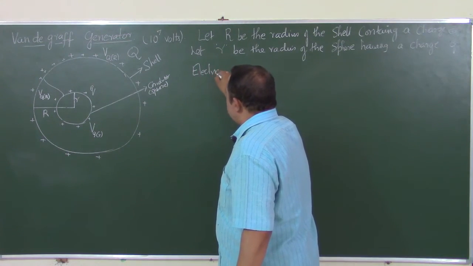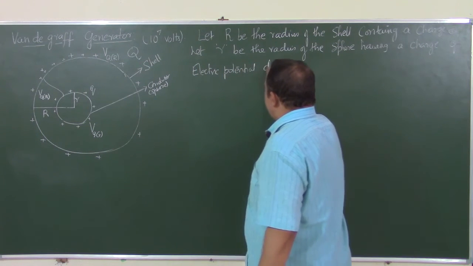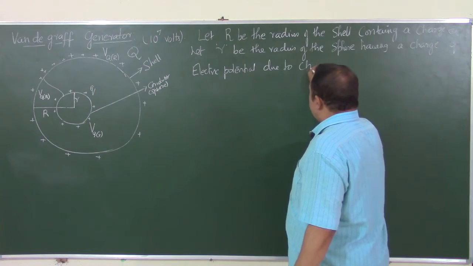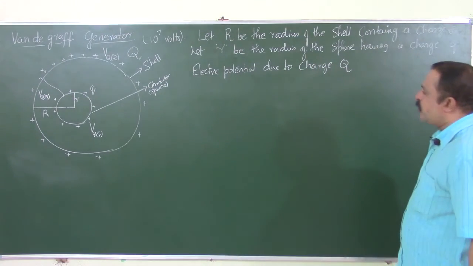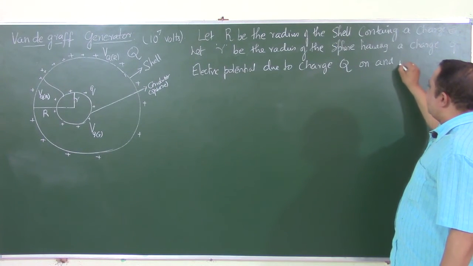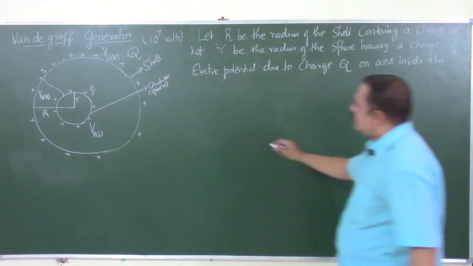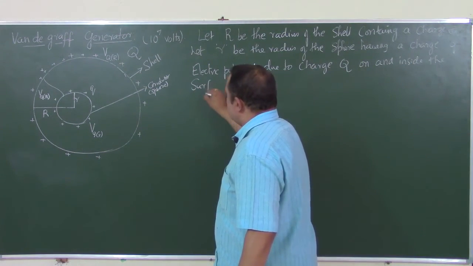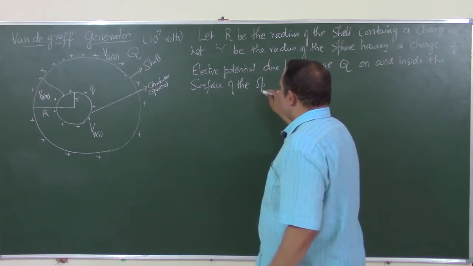Now, the electric potential due to charge plus Q on and inside the surface of the shell, not sphere, shell.